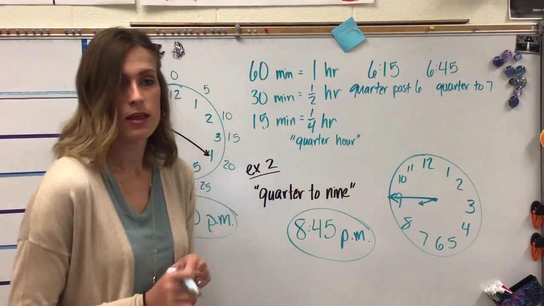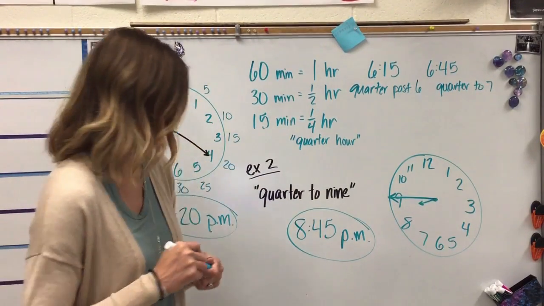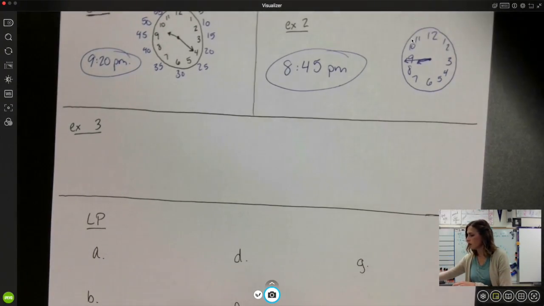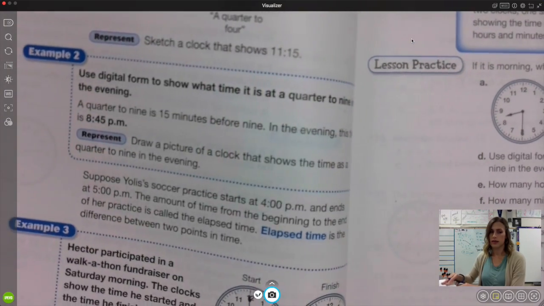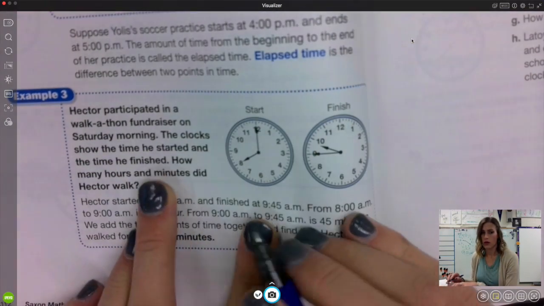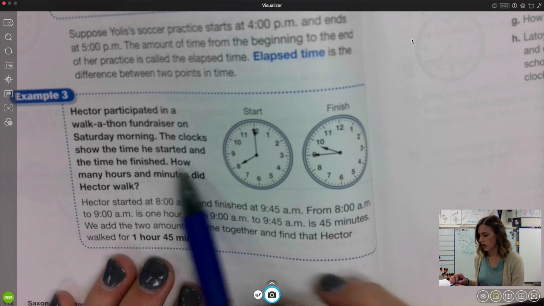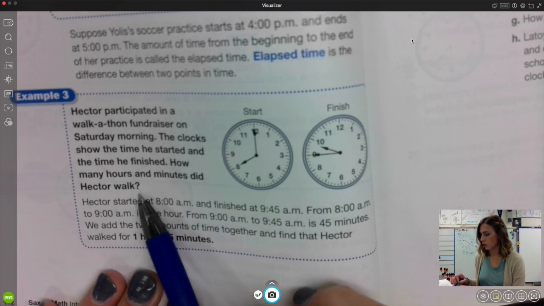All right? I'm going to jump under my dot camera for us to do example 3 and some lesson practice together. Now, example 3 says Hector participated in a walkathon fundraiser on Saturday morning. The clocks show the time he started and the time he finished. How many hours and minutes did Hector walk?